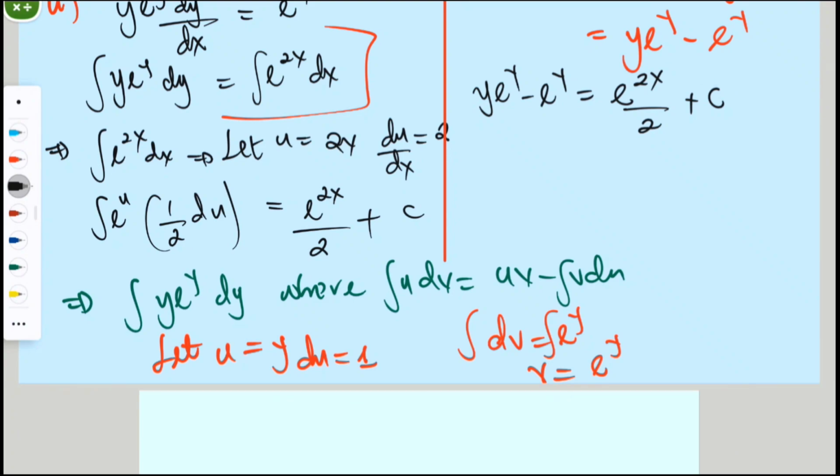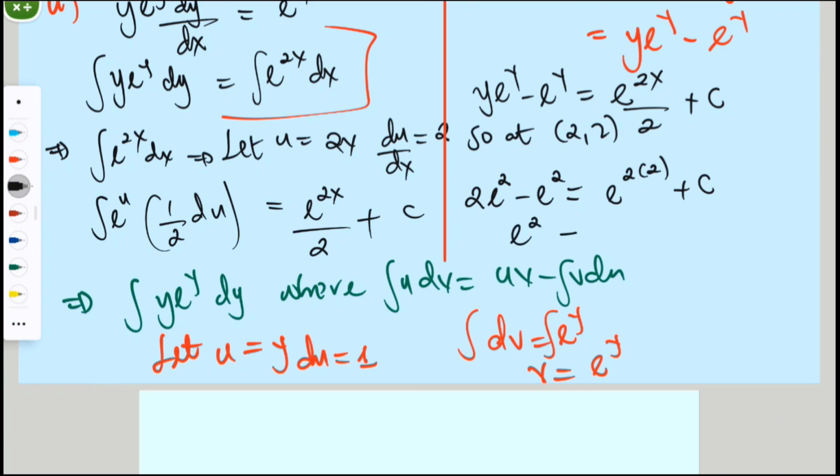So at (2, 2), we should have 2e squared minus e squared equal to e to the power 4 over 2 plus c. And then 2e squared minus e squared is just going to be e squared.